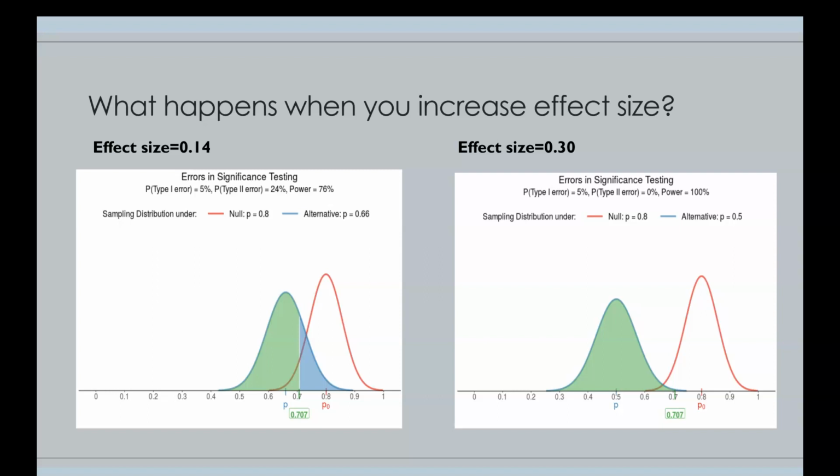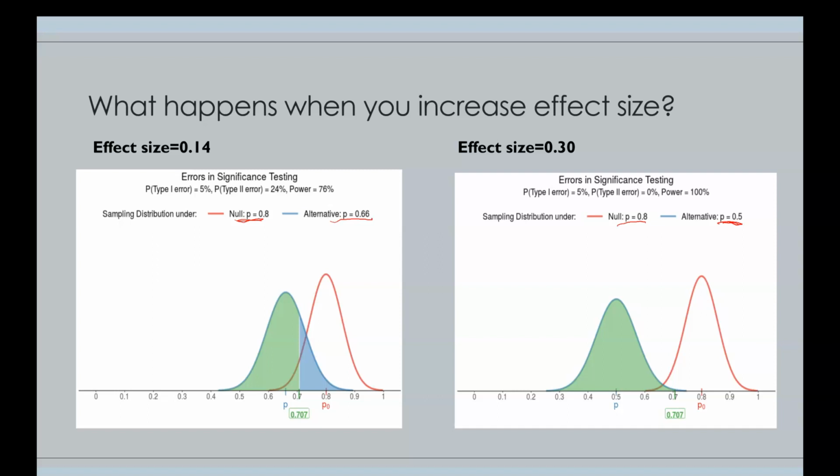Currently, from the diagram on the left, my null hypothesis is 0.8, and my alternative is 0.6. On the diagram on the right, it's 0.8, and I'm saying my alternative is 0.5. So it's much further apart. Here it's 0.3 apart, here it's 0.14 apart. Okay, so notice the difference in the diagram.